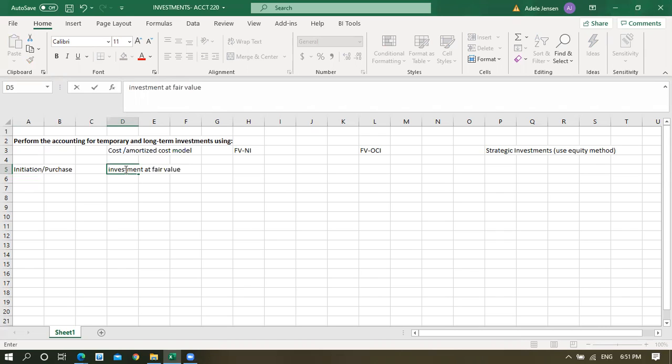Plus, we do add our transaction costs to the purchase.